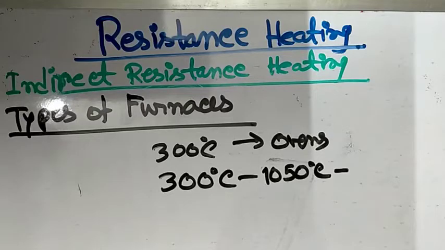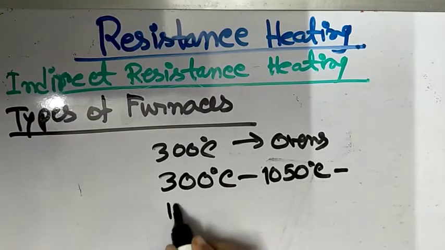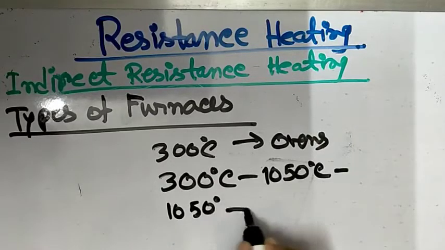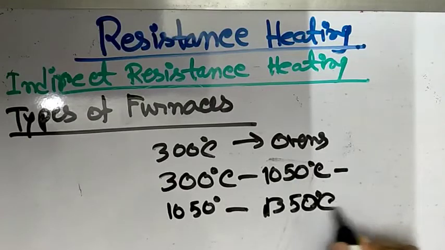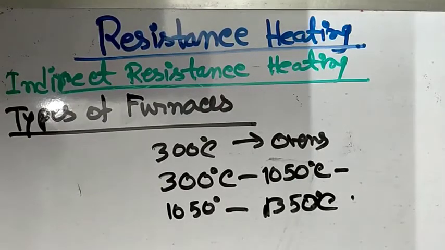And high temperature furnaces have working temperature between 1050 degree to 1350 degree centigrade and are used for hardening purposes. And typical furnaces employing heating elements and having provision of carrying out heating in a particular atmosphere are shown in this figure.